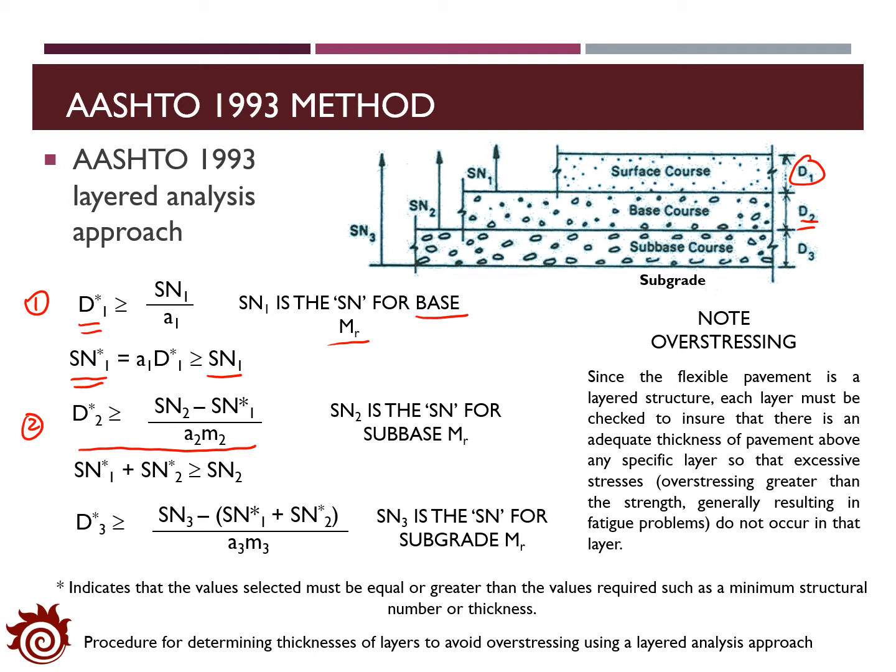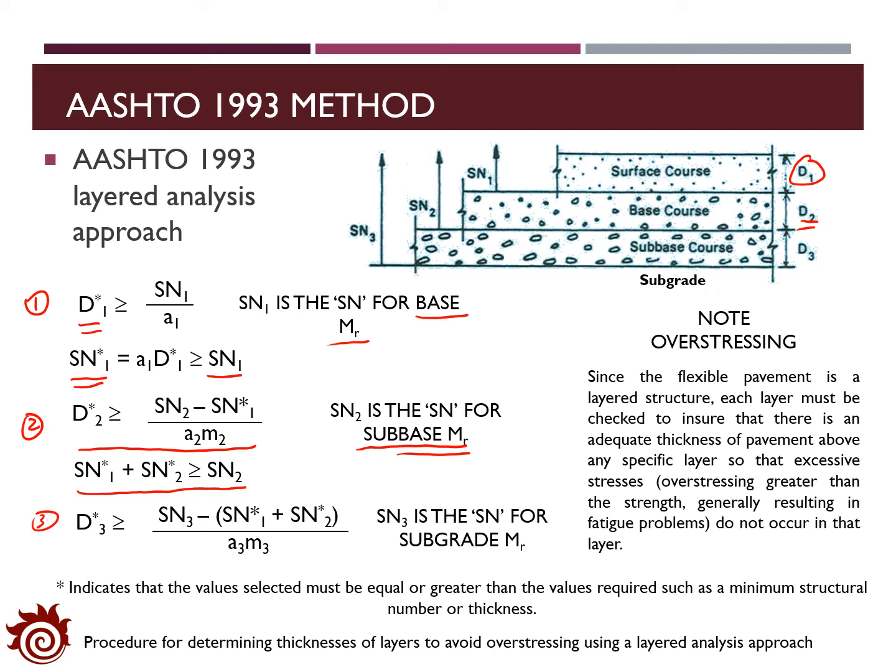In this formula, SN2 is a structural number estimated based on the subbase resilient modulus. And then we have to select an appropriate value of D2, which is a D2 star, for the estimation of SN2 star. And we need to make sure that SN1 star plus SN2 star is higher than SN2.